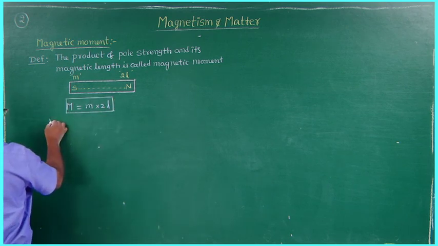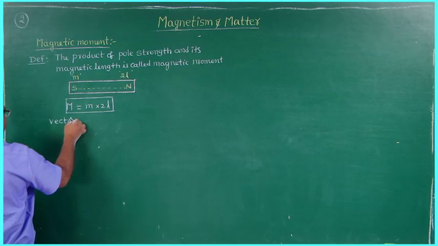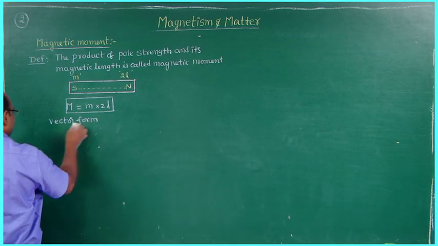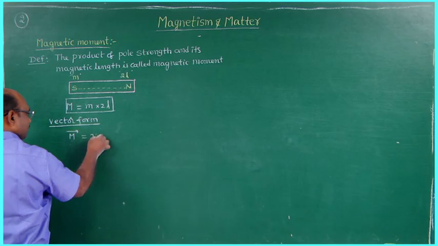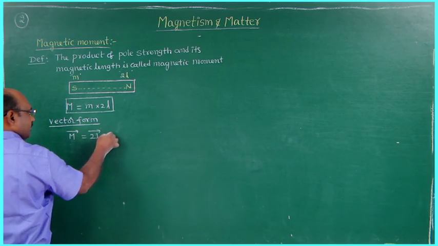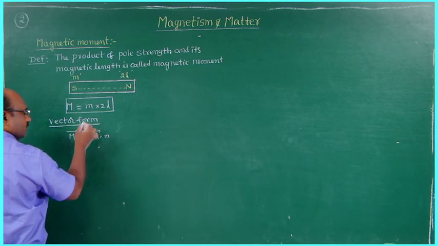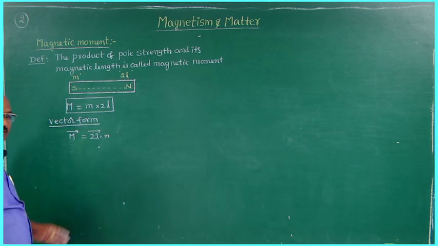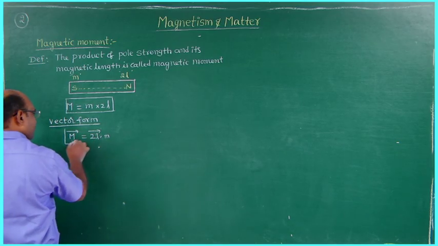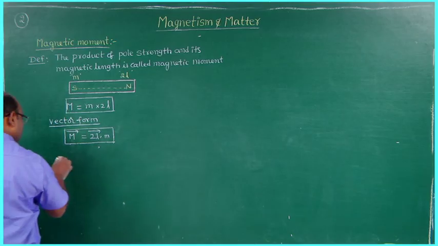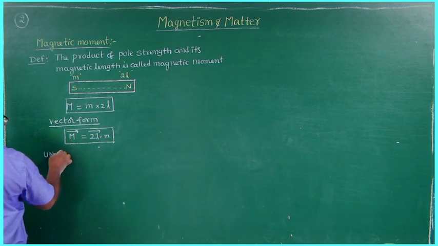Suppose you take the vector form, this is nothing but M bar. M bar is equal to 2L bar into M, it is not a cross product, just only into M, because it is the multiplication of a scalar with a vector. This is the vector form. And let us see the unit, the dimension and the direction.